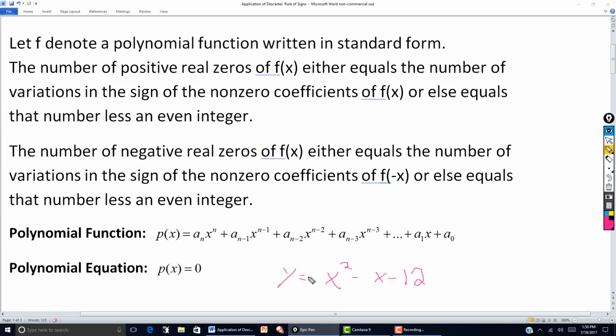So that's your second degree polynomial, and then of course you have your polynomial equation if I simply set x squared minus x minus 12 equal to 0. The zeros of this polynomial, which correspond to where the graph crosses the x-axis, are going to turn out to be the solutions of this equation. So this has to be equal to 0.